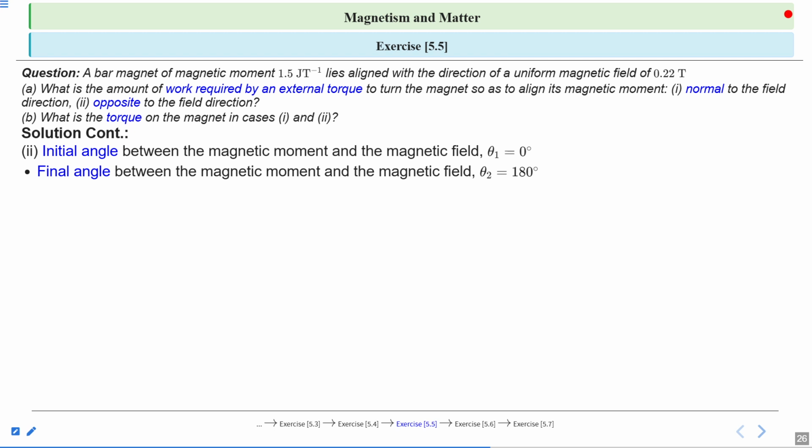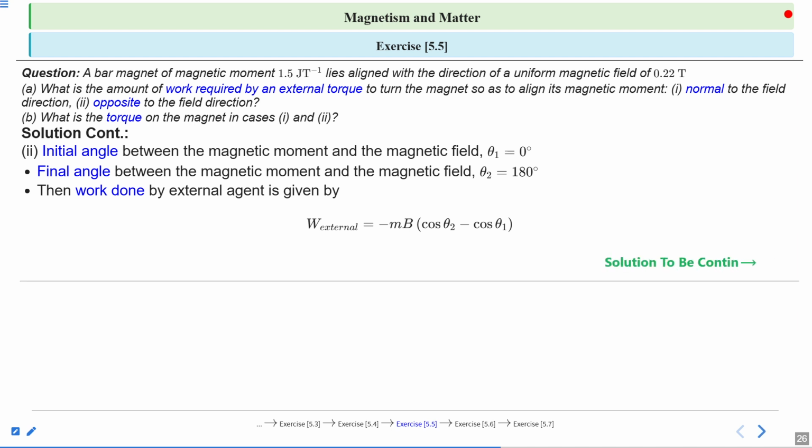We are aligning the magnetic moment in the opposite direction of the field. Initially it is in the direction of the field. Now we are rotating the magnet and aligning the magnetic moment in the opposite direction of the field. So theta 2 will be 180 degree. Then the work done by the external agent is given by work external equal to minus mB (cos theta 2 minus cos theta 1).